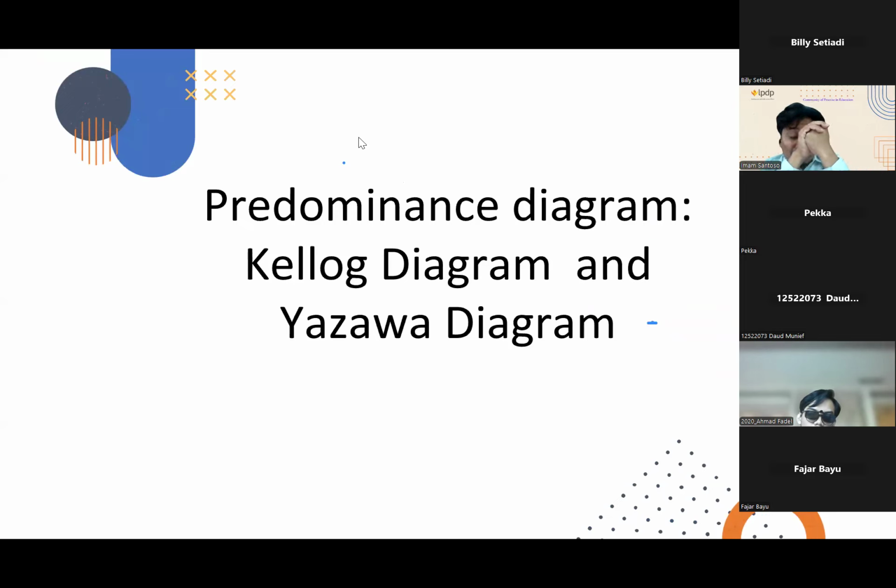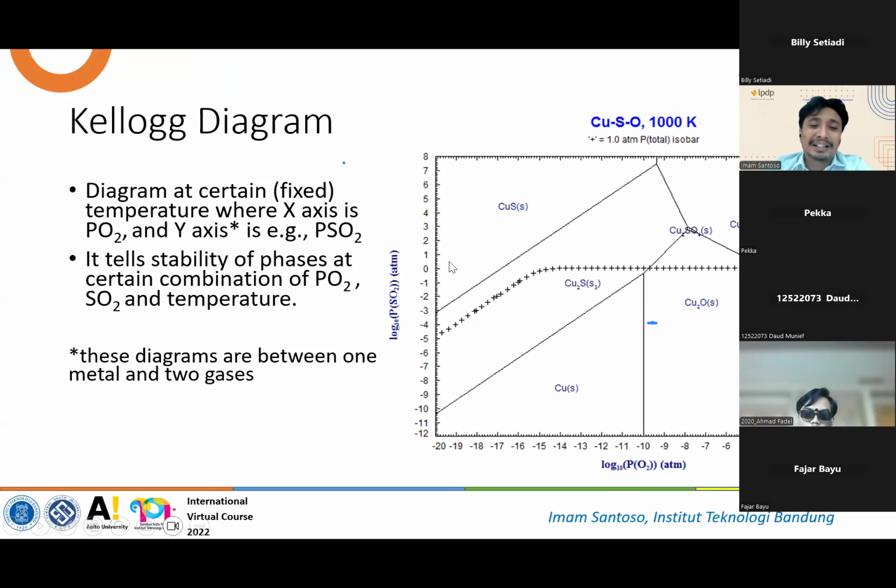People around the world want to measure Gibbs energy, including me. In my PhD with Professor Pekka in Finland, he taught me how to measure Gibbs energy of the reaction for some alloys. Okay, now we move to the Kellogg diagram and Yazawa diagram.